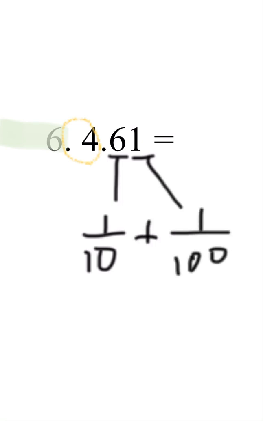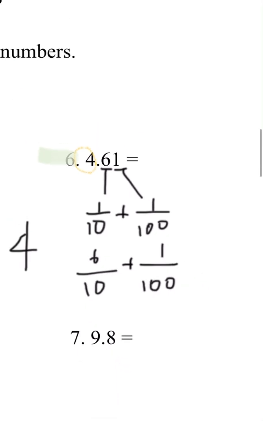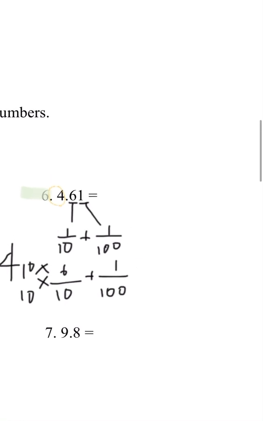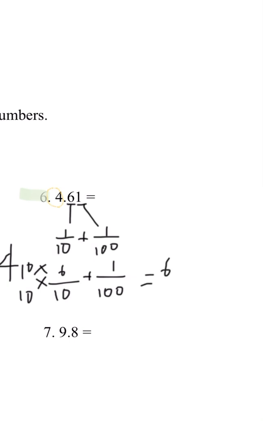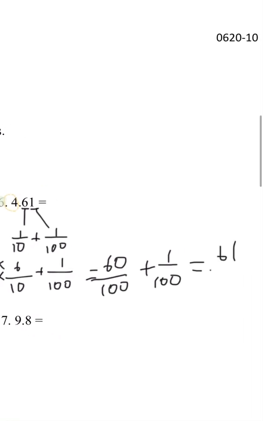And then we add, so that's going to be 6 over 10 plus 1 over 100. We need a common denominator, so we multiply 10 on the top and the bottom. So that becomes 60 over 100 plus 1 over 100. Okay? So we have 61 over 100.